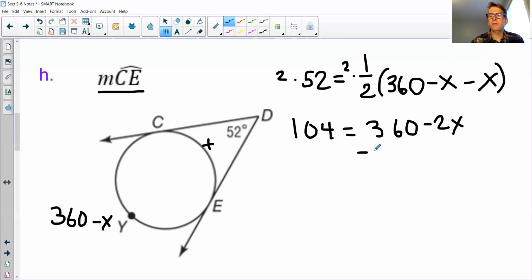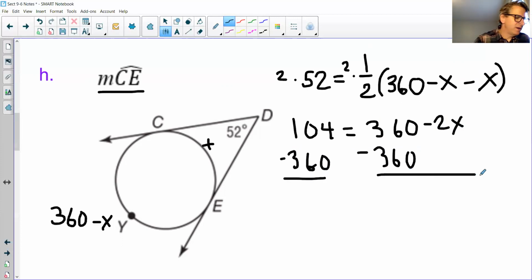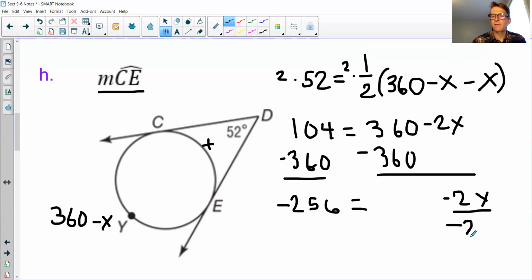Okay, so keep solving for X. We're going to subtract 360, and we'll subtract 360 again on this side, and you end up with minus 256 is equal to negative 2X. And we're going to divide by -2 on both sides.